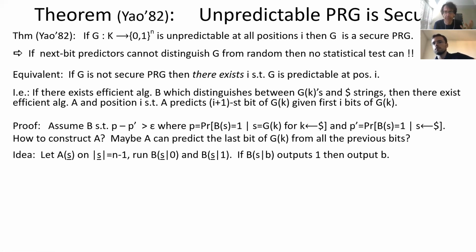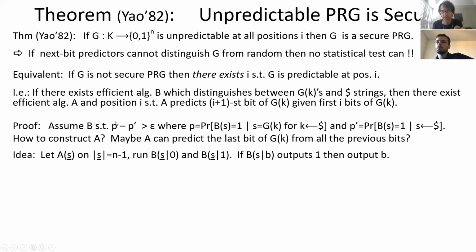Okay, so what can we possibly do? Well, run B on these n minus 1 bits concatenated with 0, and run B with the n minus 1 bits concatenated with 1. We assumed we were measuring the probability that B outputs 1 on a PRG string, and the probability that it outputs 1 on a random string. And on a PRG string, it answers 1 more often.